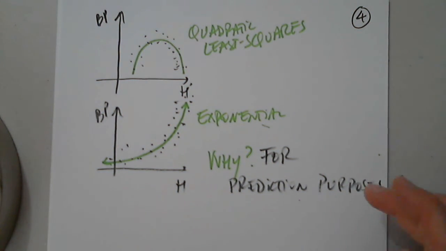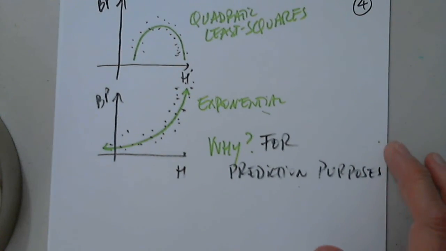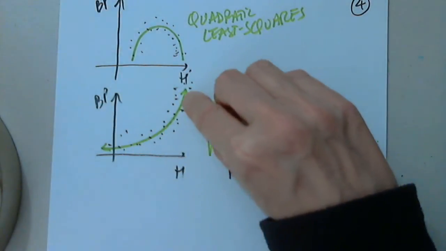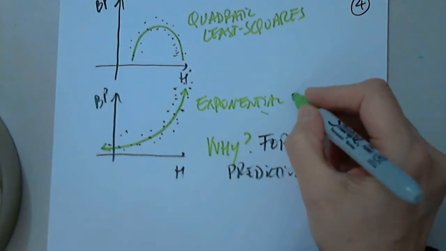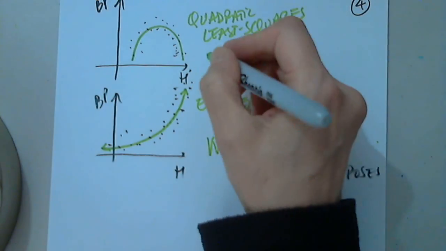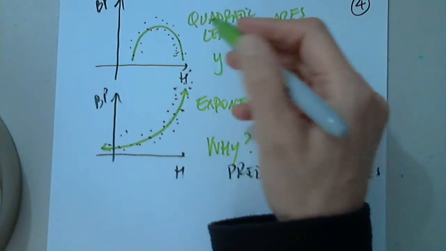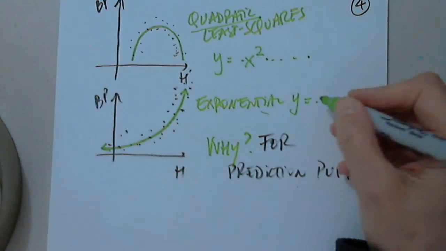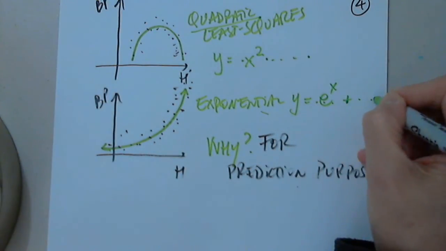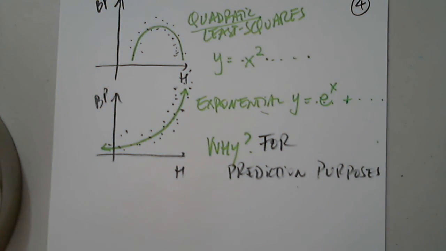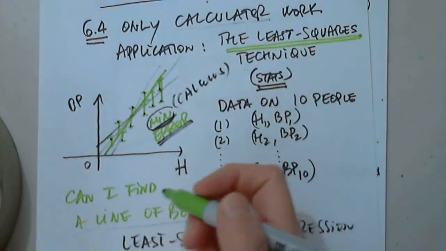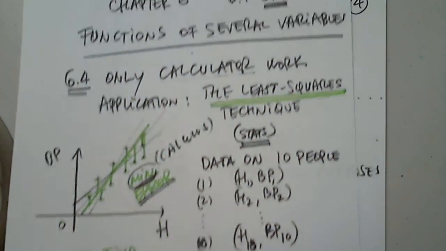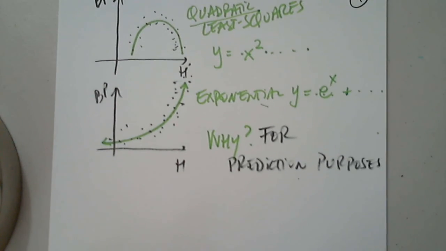We want to be able to predict. So in order to predict, we have to determine this model, like y equals. This one will be a quadratic, something with x squared. This one may be e to the x plus whatever. And this one will be a line, like y equals 3x plus 1. So the idea is to be able to predict.